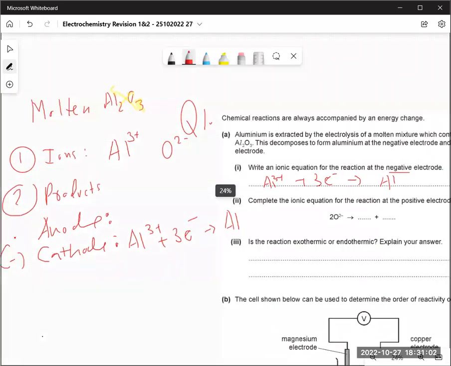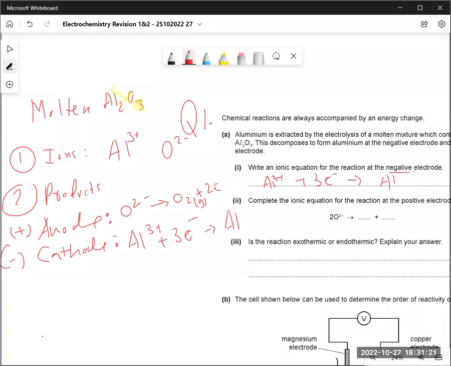The negative one, yeah. O2-. What is the equation? It will be O2- gives us O2 gas plus 2e-.